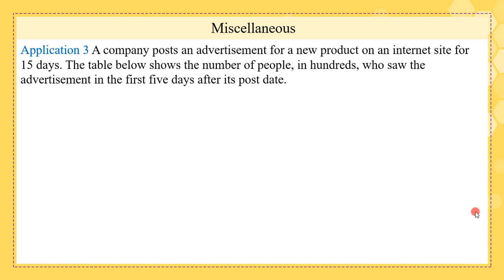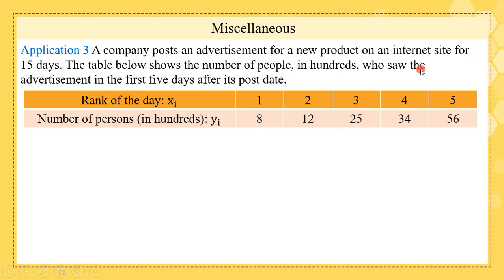A company posts an advertisement for a new product on an internet site for 15 days. The table below shows the number of people in hundreds who saw the advertisement in the first 5 days after its post date.